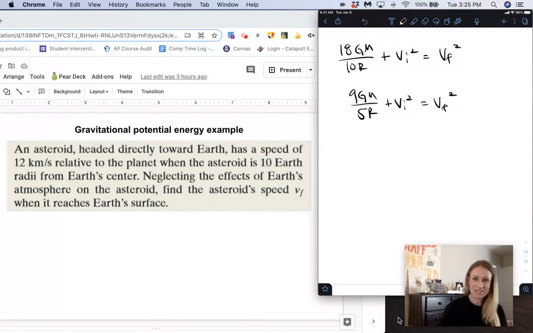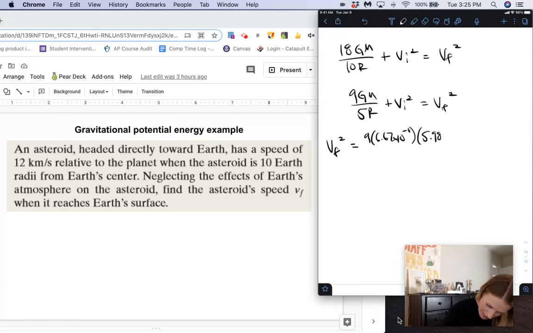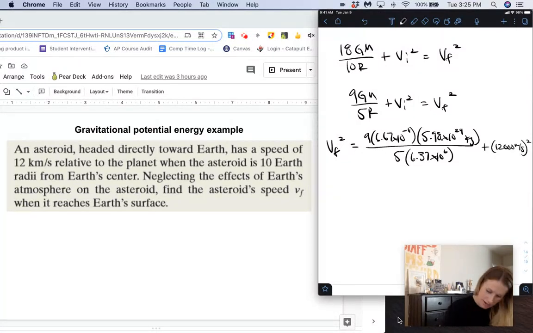All right, now we can start plugging in our numbers. So we get v final squared equals 9 times 6.67 times 10 to the negative 11th times M, which is 5.98 times 10 to the 24th kilograms, the mass of the Earth, divided by 5 times the radius of the Earth, 6.37 times 10 to the 6th. And then we're going to add the initial 12,000 meters per second squared.